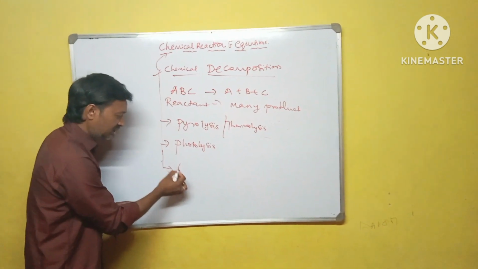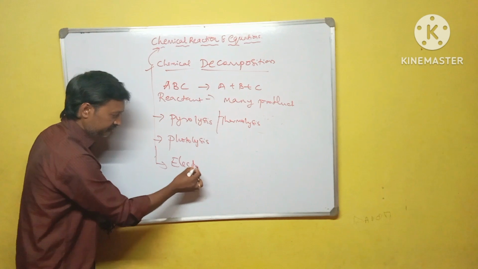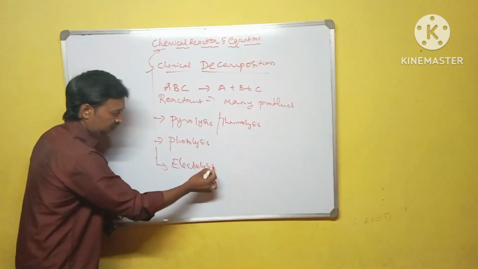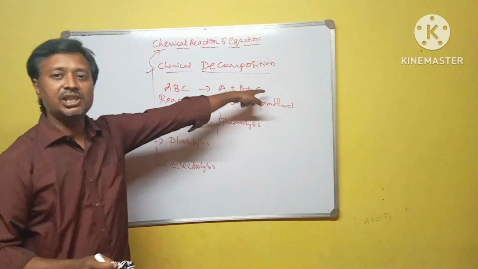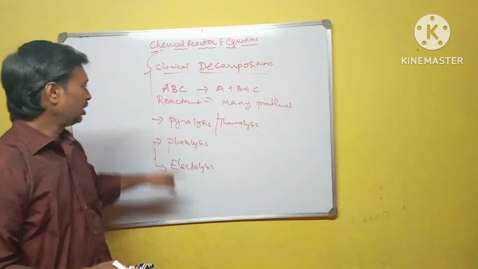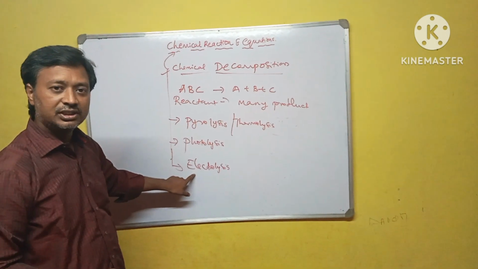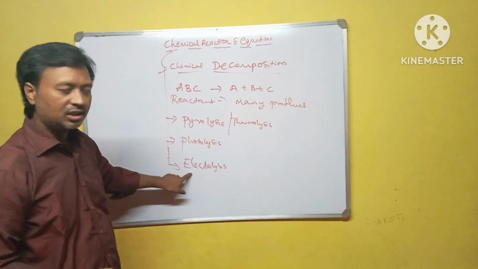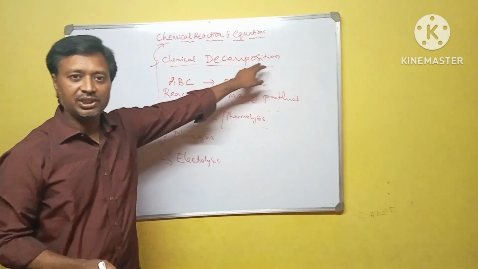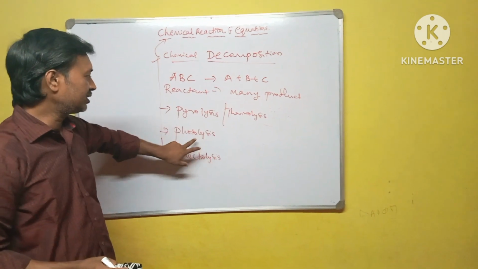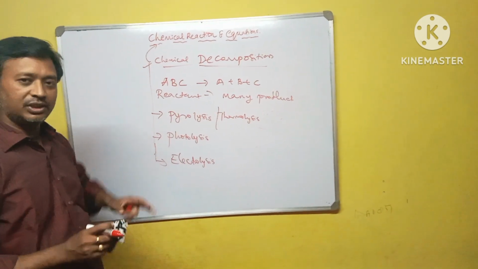Next one is electrolysis. There are three types of chemical decomposition reaction: pyrolysis, photolysis, electrolysis. Is it clear?